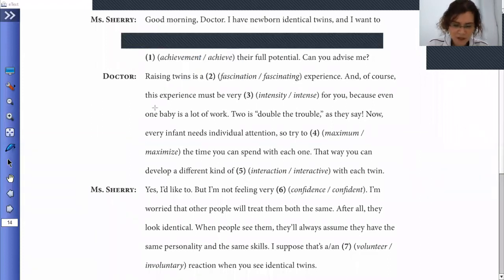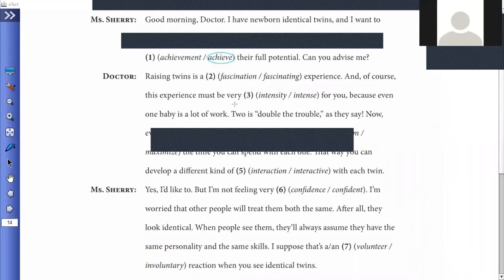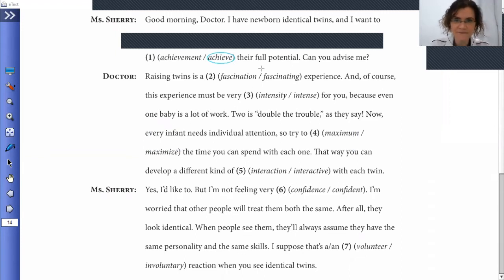Okay, so good morning, doctor. I have newborn identical twins, and I want to make sure I treat them differently because I want them each to achieve, yeah? Achieve their full potential. Can you advise me? Raising twins is. Anyone?